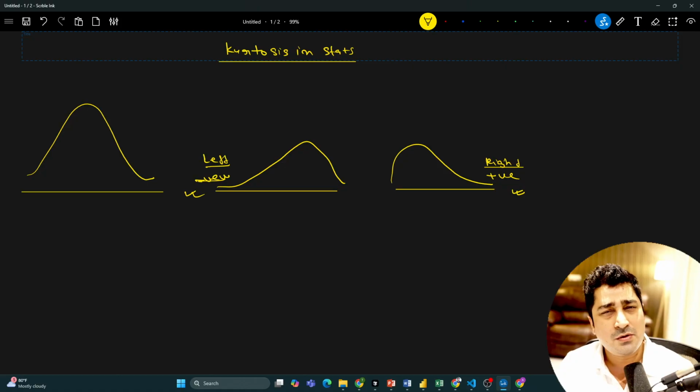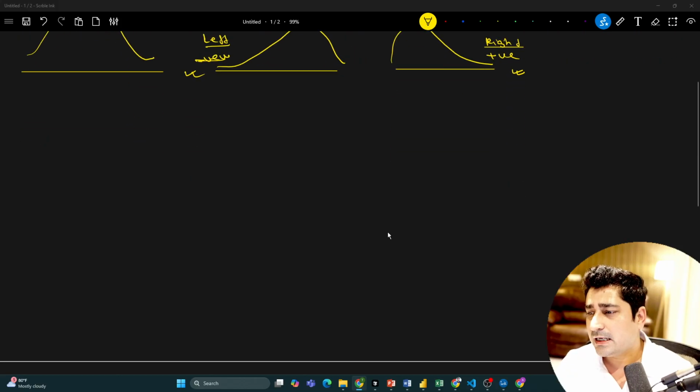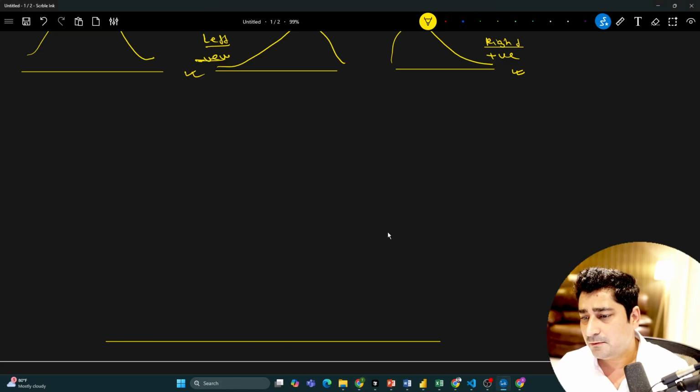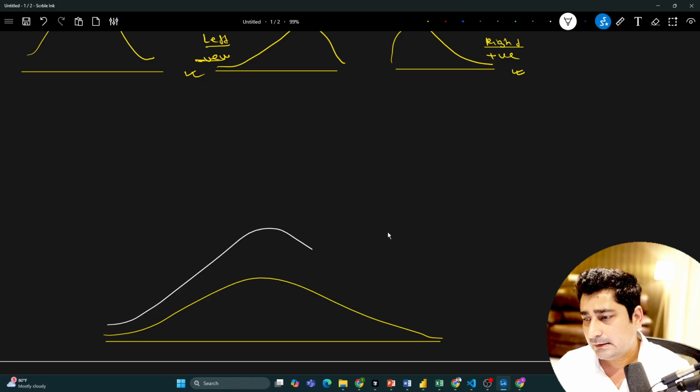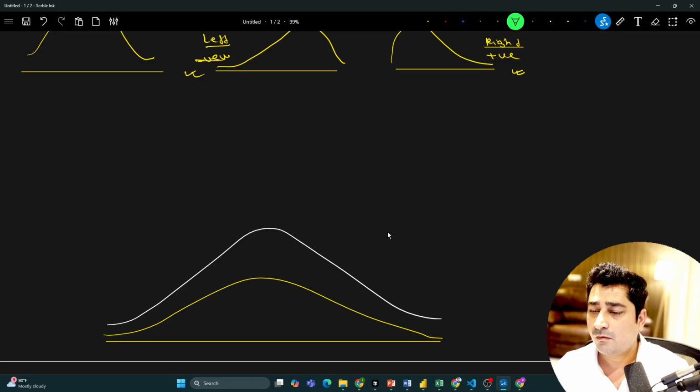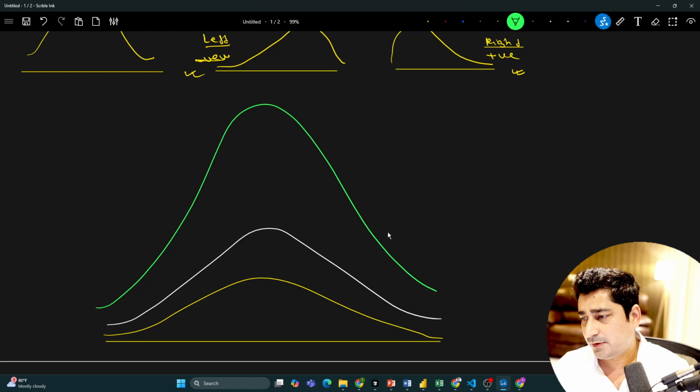Then what is kurtosis going to talk about? So let me show you that part. Here what we are going to do is draw a curve. So 1, and then a 2, and then a 3.